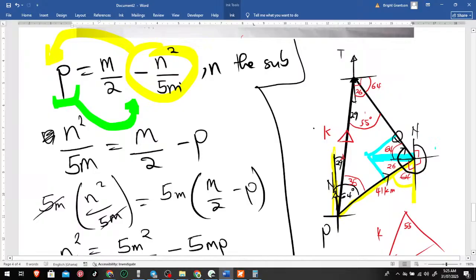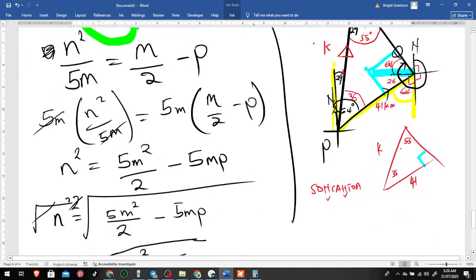Right. K is the hypotenuse. And we can use any of the angles. So let's use the 55 and see. What is 41? 41 in the diagram, it depends on the angle. So 41 is opposite to 55.